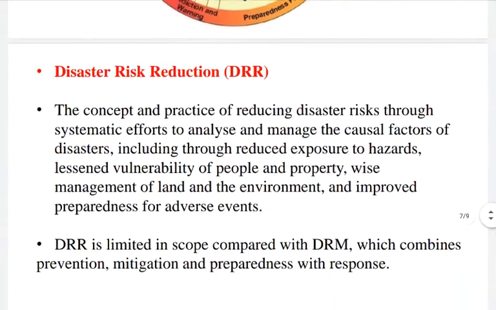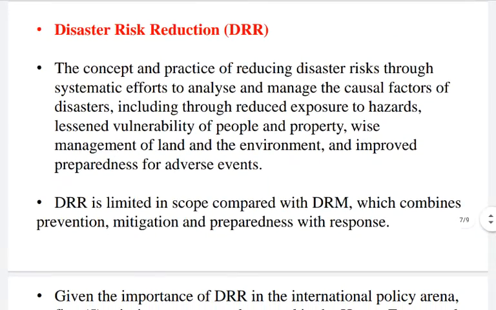Now disaster risk reduction: the concept and practice of reducing the risk through systematic efforts to analyze and manage the causal factors of disaster, including reducing exposure to hazard, lessening vulnerability of people and property, wise management of land and the environment, and improving preparedness for adverse events. So how we can reduce the risk is mentioned in the term disaster risk reduction.